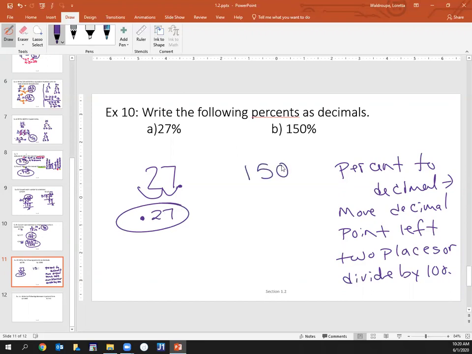150, decimal point on the right, 2 places left, makes that decimal 1.5.